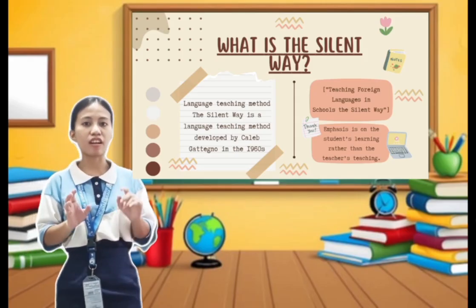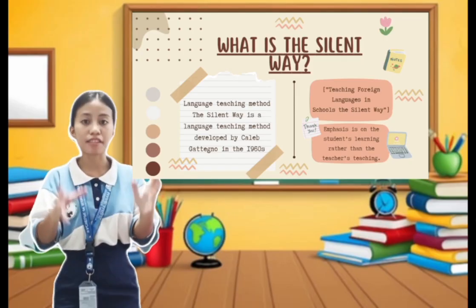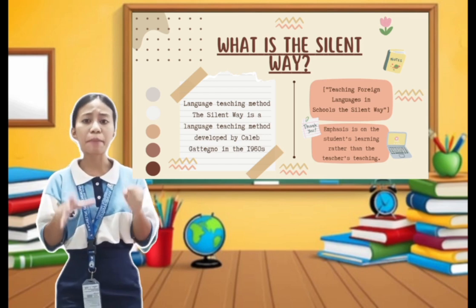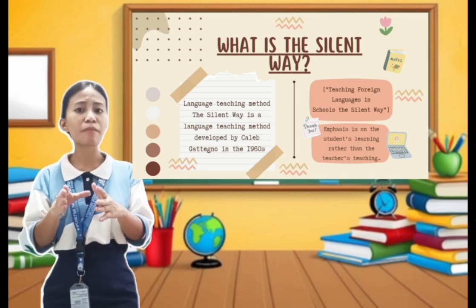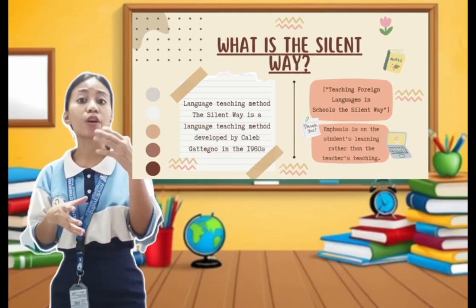It is not uncommon for the teacher to remain silent for the whole part of the lesson. In simpler terms, my dear students, this is a method where the teacher says very little during lessons, giving students the space to discover language on their own.